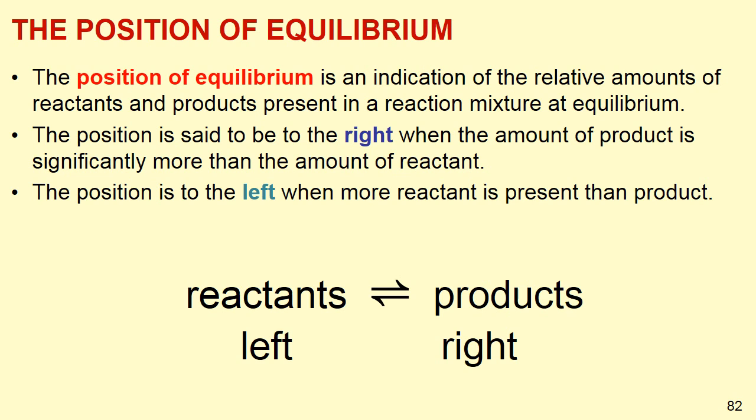So it could be smack in the middle, and you might have a half and half, or products might be more favored, in which case the equilibrium lies to the right. Or if reactants are more favored, the equilibrium can lie to the left, meaning you have more reactants than products. So an equilibrium, just depending on the reaction, can lie smack in the middle, or it can lie to the left, or it can lie to the right.